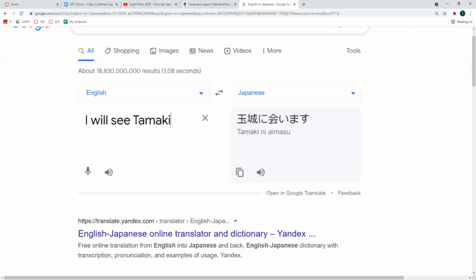So we said that whenever we had a proper name like this, we would add some sort of honorific to it, right? Well, we don't have an honorific. We don't have like a san there or a chan or anything like that. So we don't actually have the honorific being translated into Japanese here with Google Translate. So that part of the language is not being translated at all.